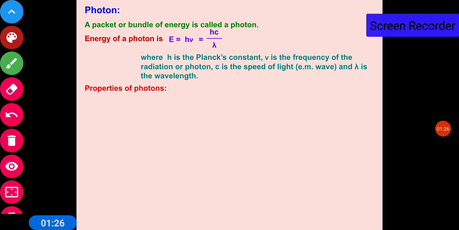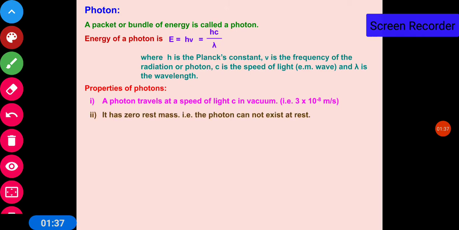Now properties of photons. A photon travels at the speed of light c in vacuum, that is 3 into 10 raised to power 8 meter per second. It has zero rest mass, that is, a photon cannot exist at rest. The kinetic mass of a photon is m is equal to E upon c square is equal to h upon c lambda, because from the Einstein equation we know that E is equal to mc square.